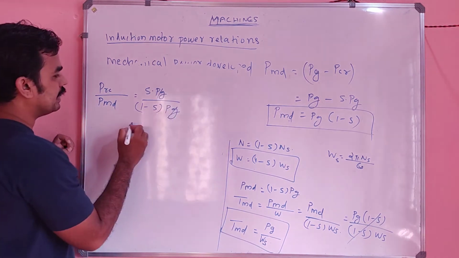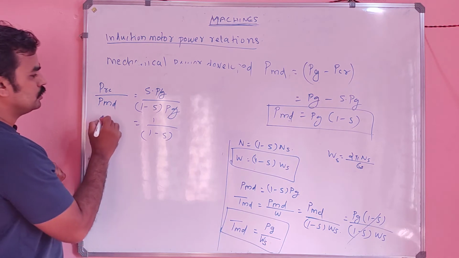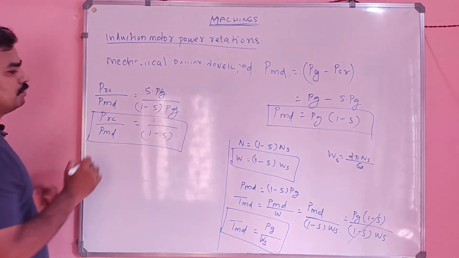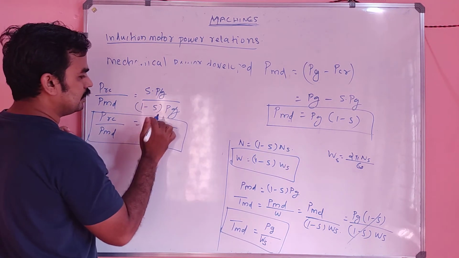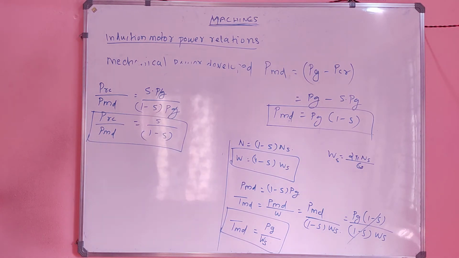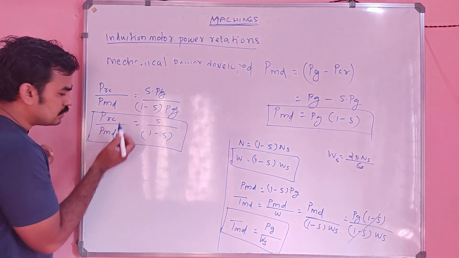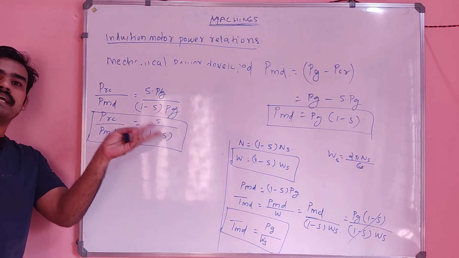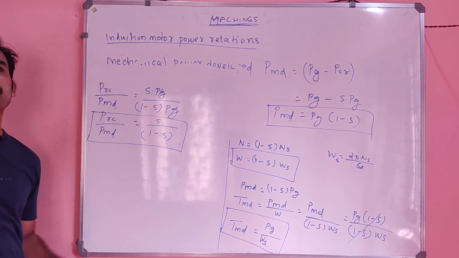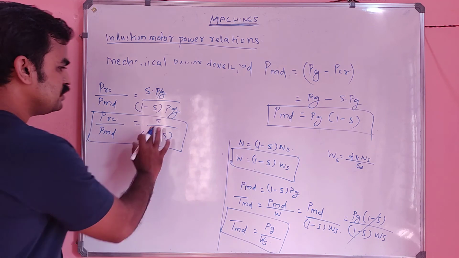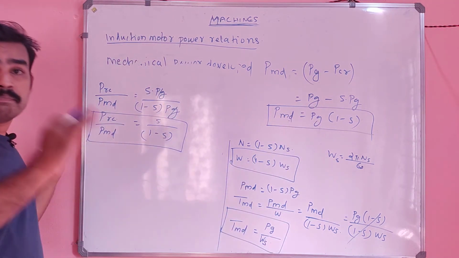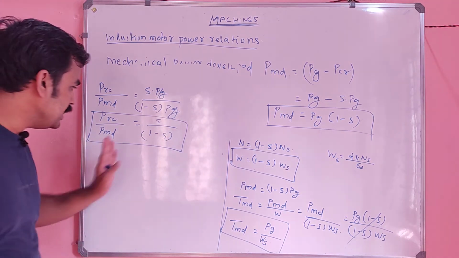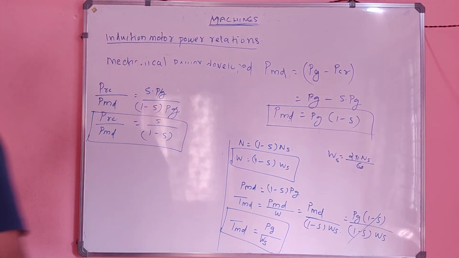PG and PG cancel, so PRC by PMD is equal to s divided by (1 minus s). PRC is the rotor copper loss and PMD is the developed mechanical power. You have to remember this equation because in problems a direct application will be there and you can directly substitute the value to get the answer. So please take care of these equations.